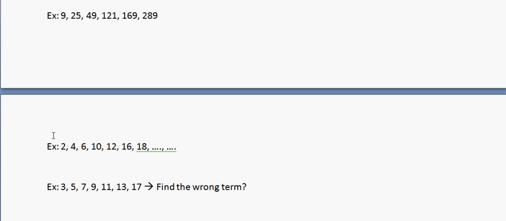So let's do it. If you see 2, 4, 6, 10, all of them are even numbers. We just cannot think that they are related to prime numbers anyhow. But since we are doing prime number thing, I'm sure that we would be trying to find a logic through prime numbers. So if we start looking at it, what would we do usually?